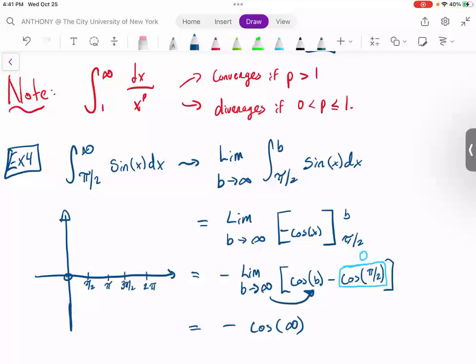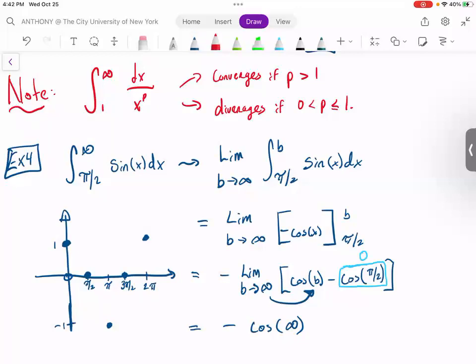Now, cosine of 0 is 1. So it starts with a maximum. At pi over 2 it is 0. At pi, you're at -1, the minimum. At 3 pi over 2, you're at the x-axis, and then at 2 pi, you're back at 1 again.